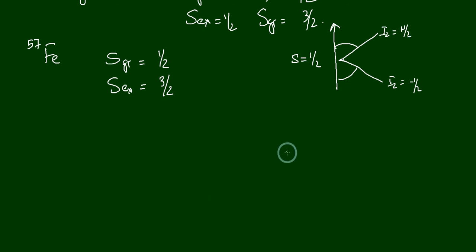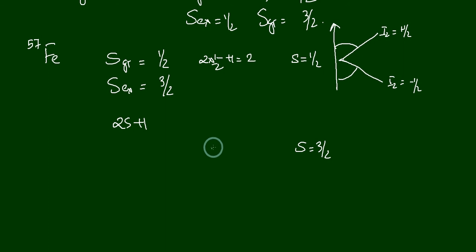If the spin is equal to 3 by 2, as in the case of the excited nucleus, then it will have four orientations. How many orientations depends upon the 2S plus 1 value. In the case of half, 2S plus 1 is 2 into half plus 1, which equals 2.